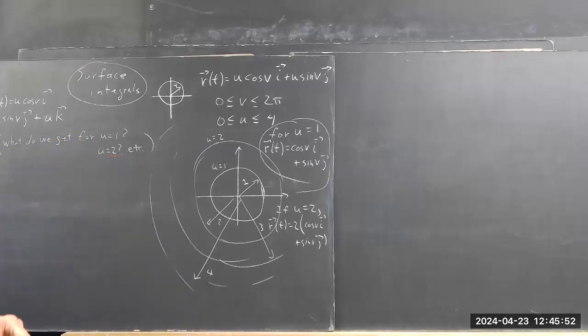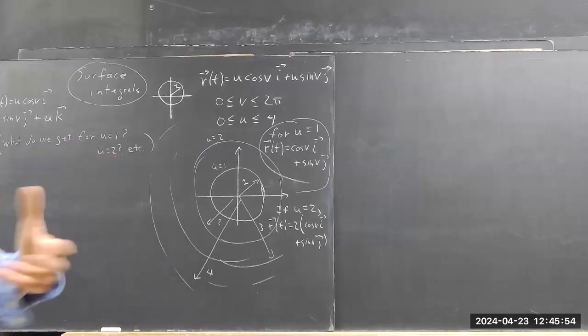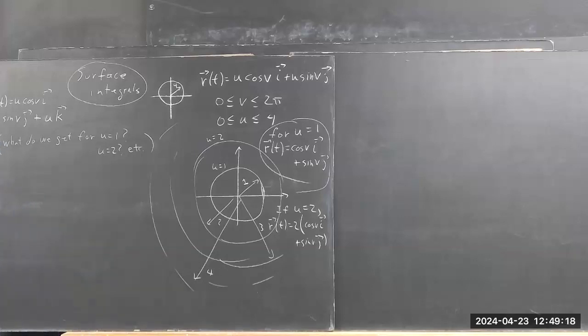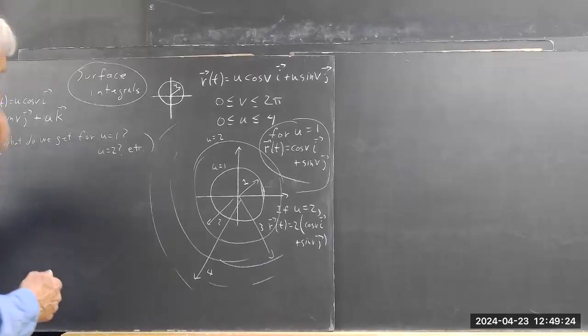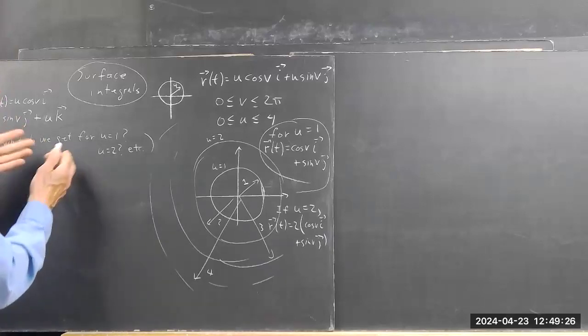What do we get for U equal 2? What do we get for any value of U between 0 and 4? Okay. So what do we get? Well, we can get it directly from here.